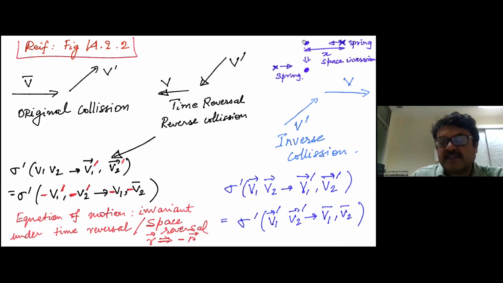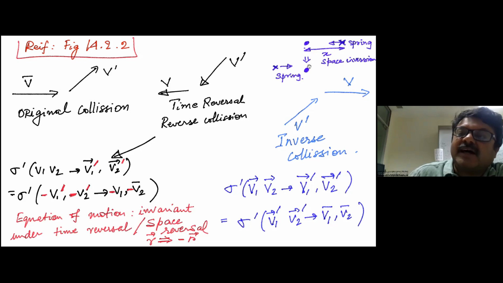Now suppose under space inversion at time t0, you suddenly invert the space: this position would go to this position. The velocity which was moving in this direction would go in this direction. And now, as time goes forward, it is going to move in this direction and reach here, and thereafter go like this, and so on.